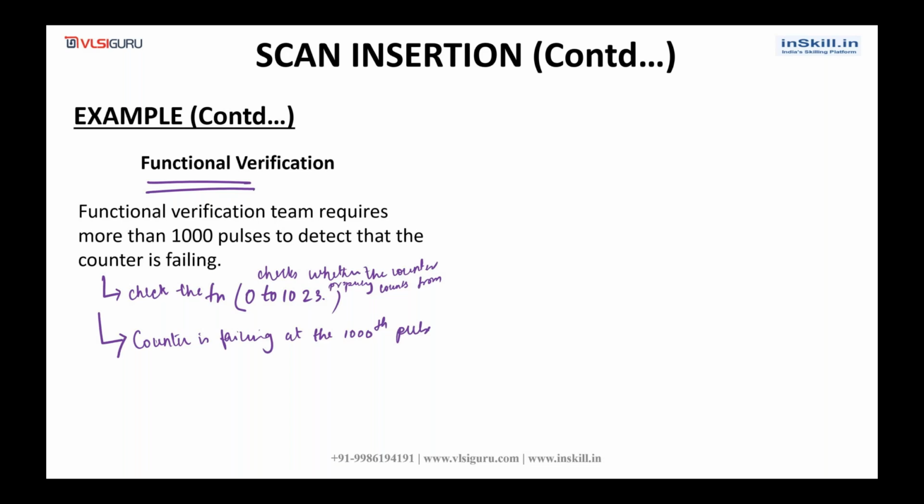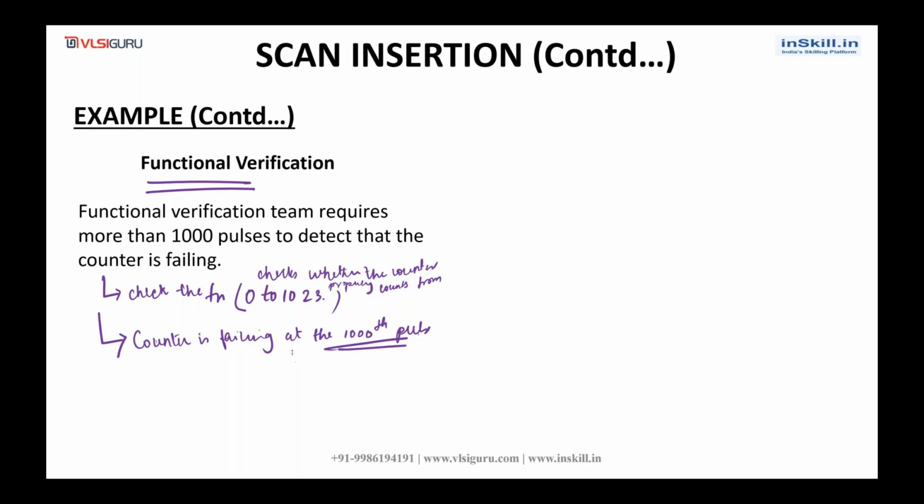Because at the 1000th pulse only, the counter, instead of counting 1000, is again counting 999. So the counter is failing at the 1000th pulse.